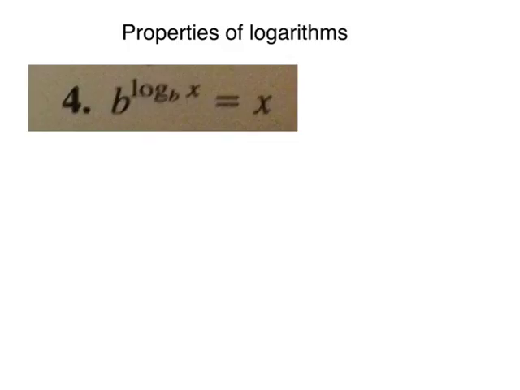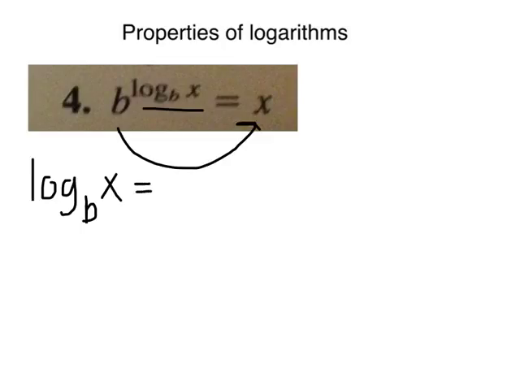If I were to take the expression b to a power equals x and rewrite it as a logarithmic expression, I would have log base b of x equals whatever the power is here. And the power is log base b of x. So those are definitely equal to each other, so that means this property works.